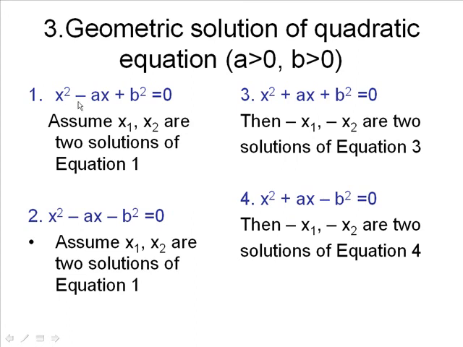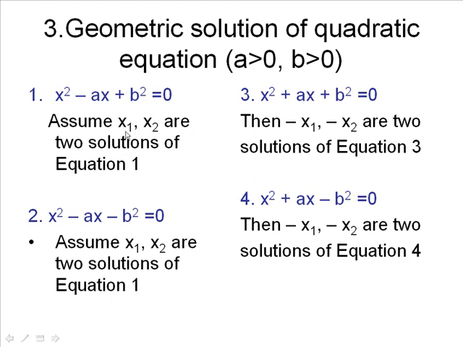Notice if we have a solution x1 for this quadratic equation, then negative x1 will be a solution of this one, because negative x1 squared will still be x1 squared, but negative x1 times negative a will make a positive a times x1.